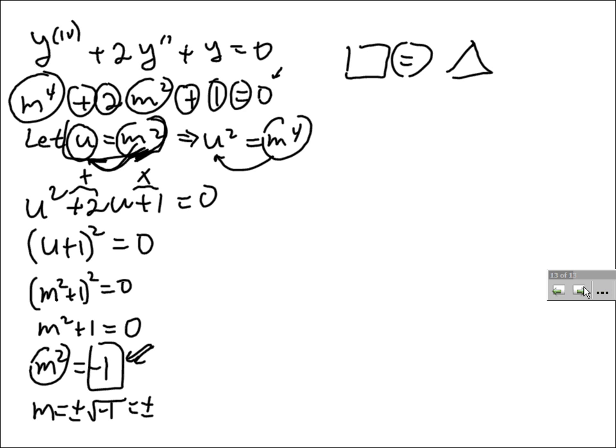So there's my plus and minus. The square root of negative 1 is i. The m is plus or minus i. That is, m is 0 plus or minus 1i. The 0 is your A, and the 1 is your B. Okay, wonderful.